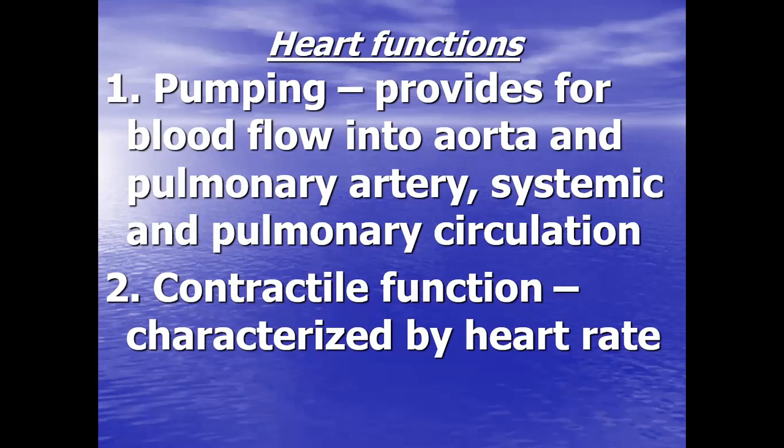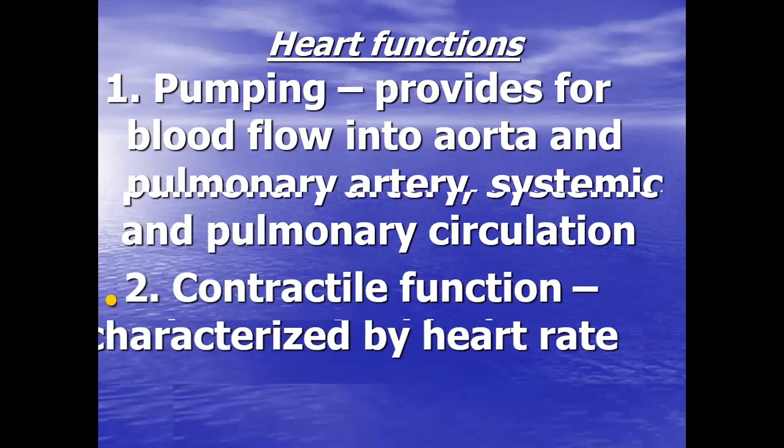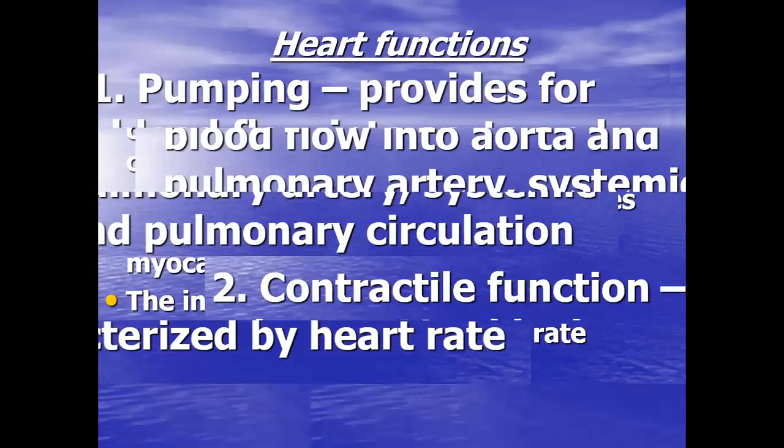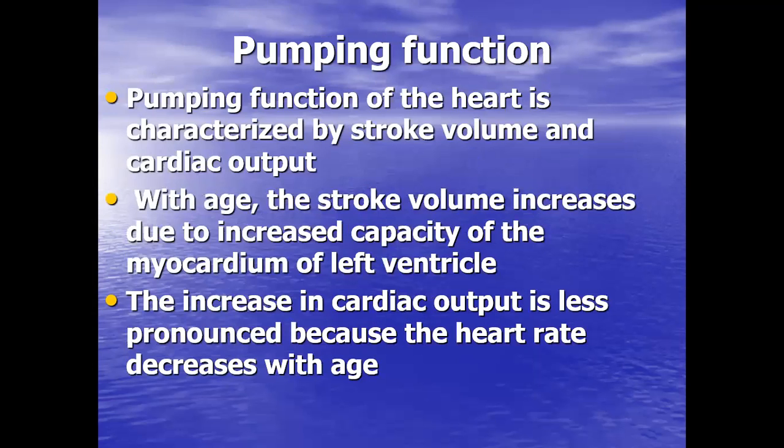Pumping function provides for blood flow into the aorta and pulmonary artery, and the next, contractile function, is characterized by heart rate. And the pumping function has 2 parameters: the stroke volume and cardiac output.